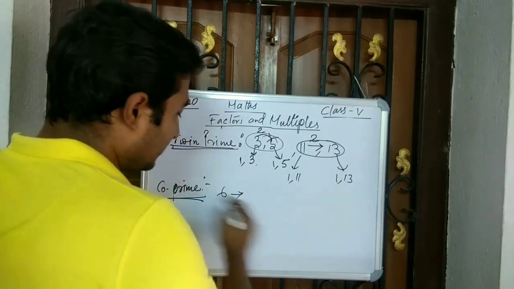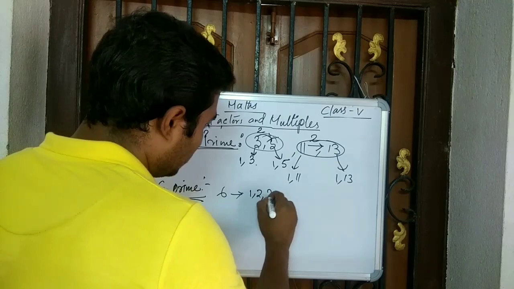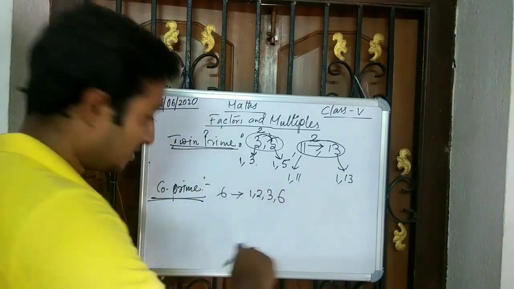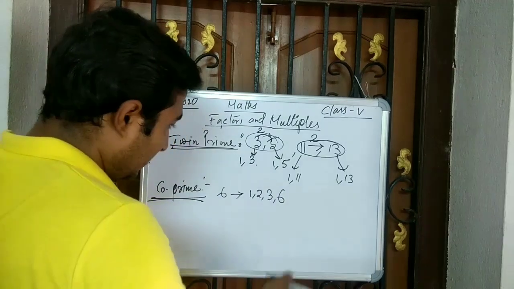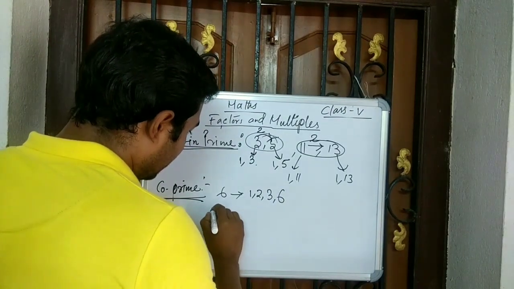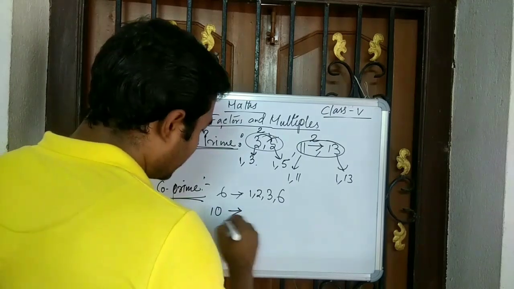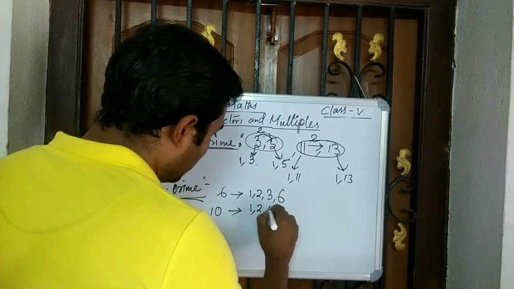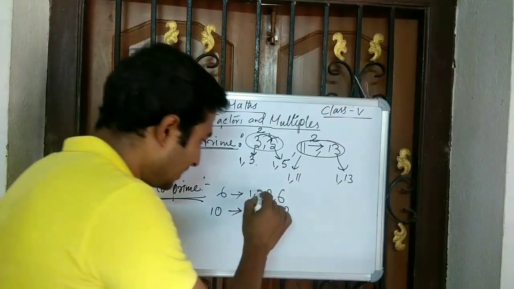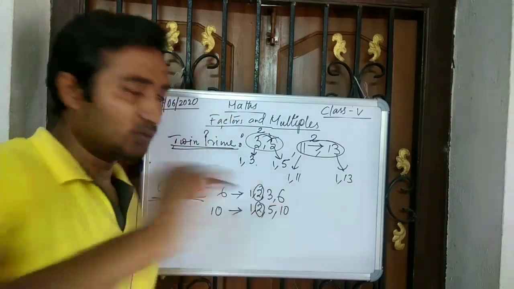It has the factors 1, 2, 3 and 6. So it is not a prime number because it has more than two factors. I write another number, like 10. So 10 has factors 1, 2, 5 and 10. So we can see there is a common factor, 2.